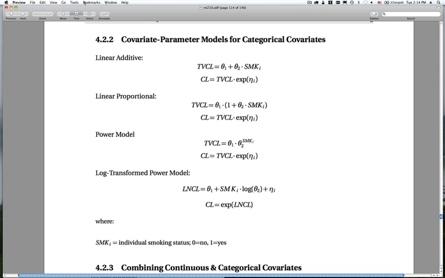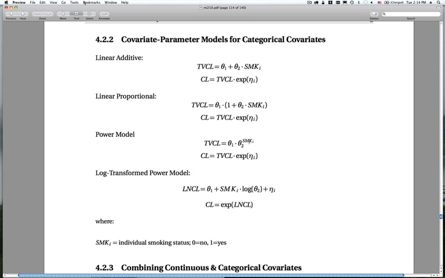Yet another way is to use a power model. I like this approach. We have a typical parameter theta 1 times theta 2, which represents the fraction or the ratio of smokers' effects to non-smokers. And smoking now is a power, a 0-1 value. Of course, if it's 0, anything to the 0 power is 1, and so we collapse down to a reference value of theta 1 for non-smokers.